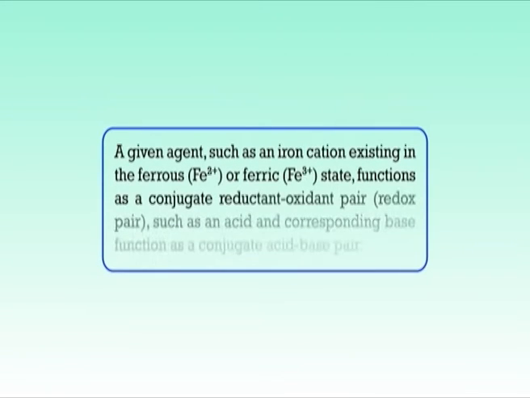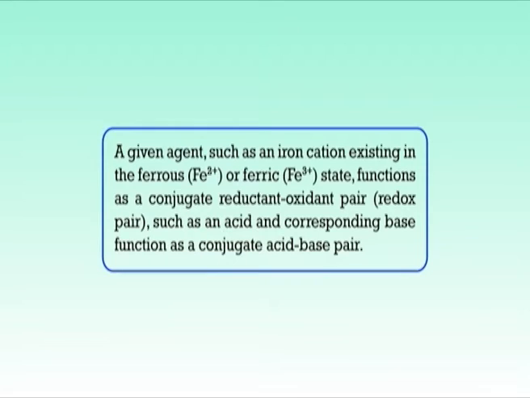A given agent, such as an iron cation existing in the ferrous state or ferric state, functions as a conjugate reductant-oxidant pair, which we call the redox pair, just as an acid and corresponding base function as a conjugate acid-base pair.